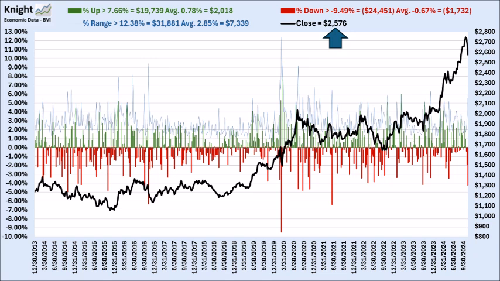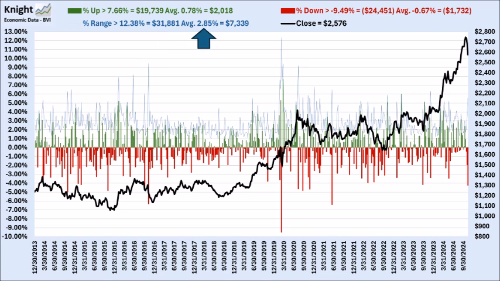I'm going to play it safe using the historical percentage moves in gold and current market valuation, which at the time of this report was $2,576 per ounce. The greatest weekly range over the last 10 years has been 12.38%, which at $2,576 per ounce translates into $31,881 per contract.